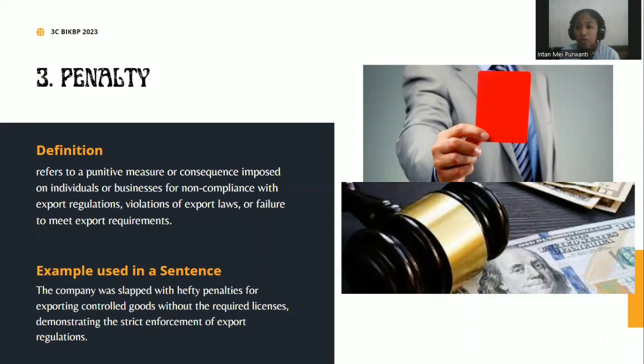An example sentence: the company was slapped with hefty penalties for exporting controlled goods without the required license, demonstrating the strict enforcement of export regulations.